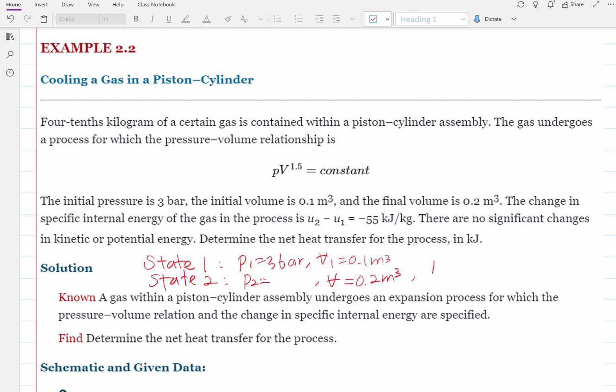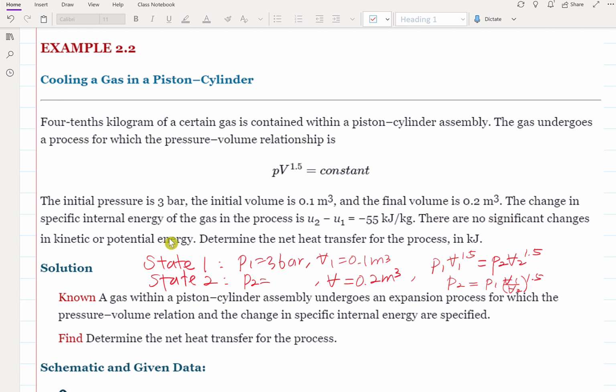Since P V to the 1.5 is constant, P1 V1 to the 1.5 and P2 V2 to the 1.5 should be equal. So we can solve for P2, which is the only unknown here. P2 equals P1 times V1 over V2 to the 1.5. So P2 can be calculated.